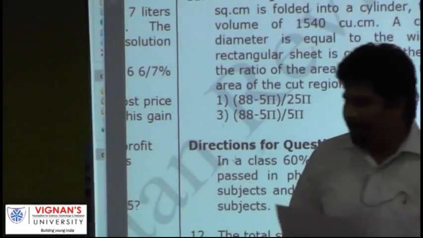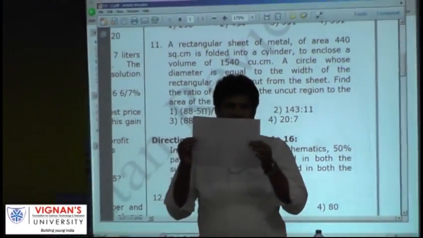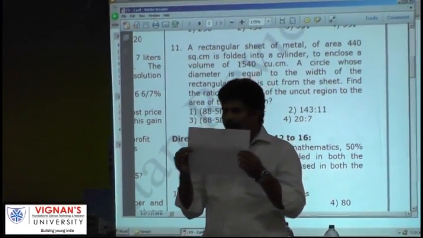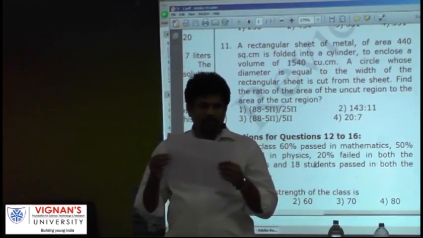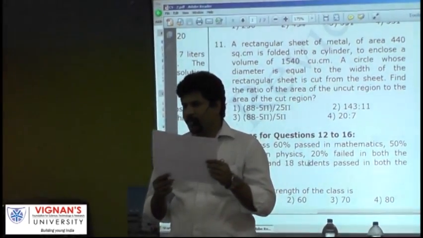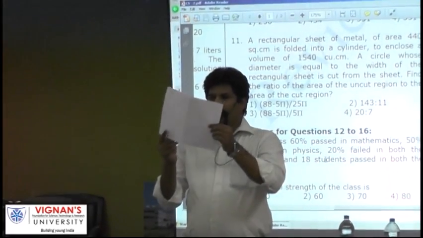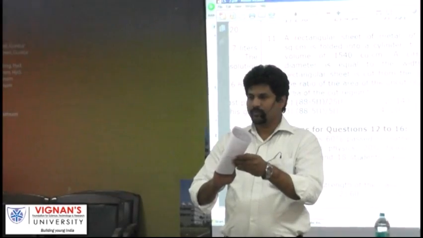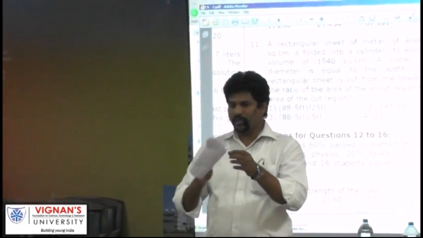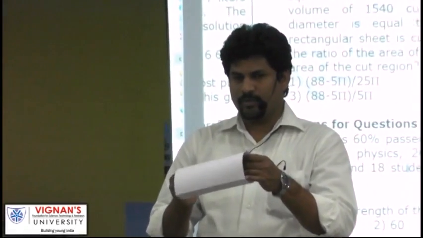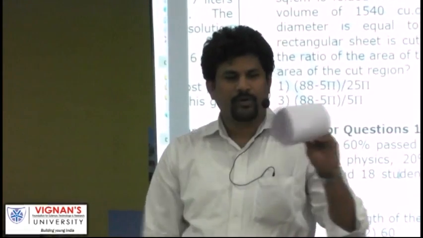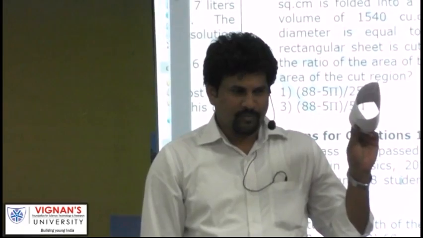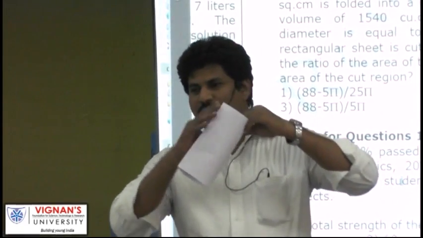Now see here, what is the area of the sheet? 440 square centimeters. Now if I enclose it like this, I'm getting a cylinder, right? So what is the curved surface area of the cylinder?